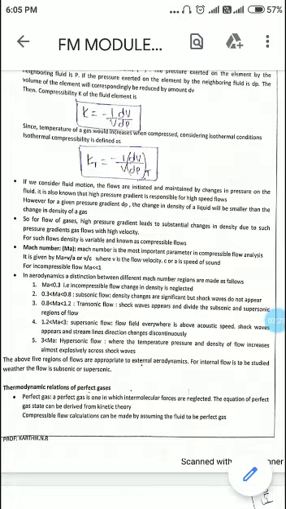For incompressible flow, this Mach number is less than 1. If Mach number is less than 0.3, that is called incompressible flow. For that we can neglect the density change.